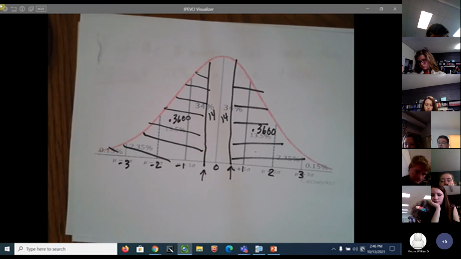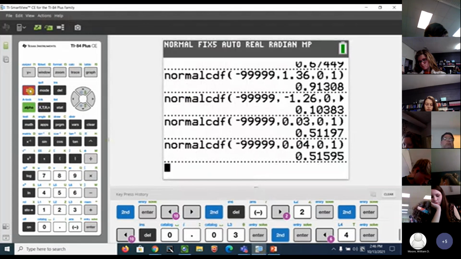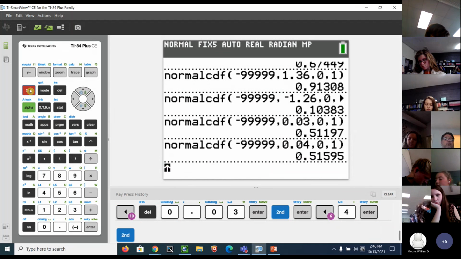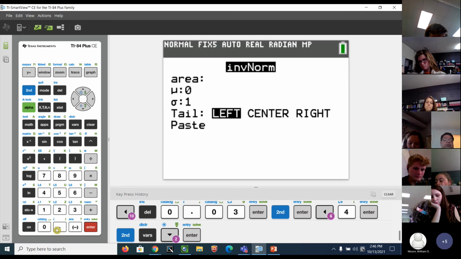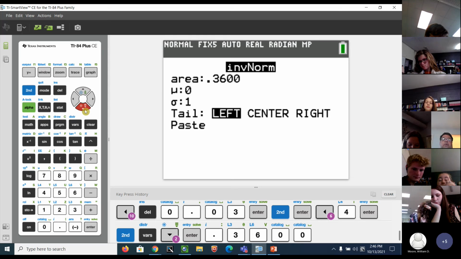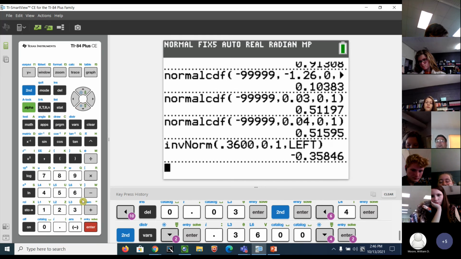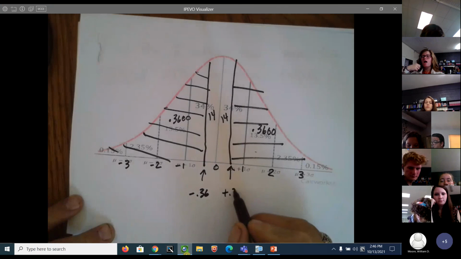So take my inverse norm. Second, inverse norm. And I need 0.3600. And left is good. I get negative 0.36. So that's negative 0.36, and this is positive 0.36.